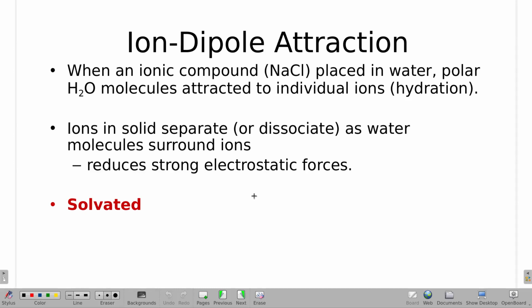We actually use the phrase "like dissolves like." Since it does dissolve, it must have comparable electrostatic or intermolecular forces. The term we're going to use to describe that is solvated. Solvated just means the ions dissolve; they actually get surrounded by the solvent.